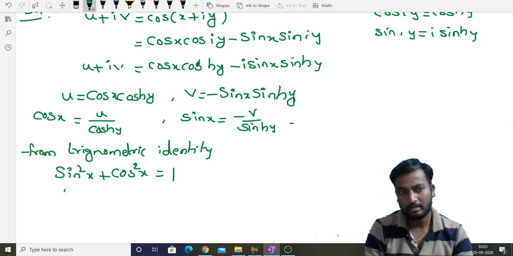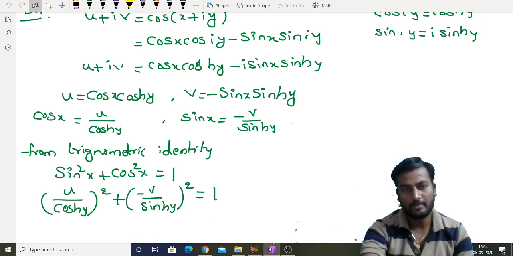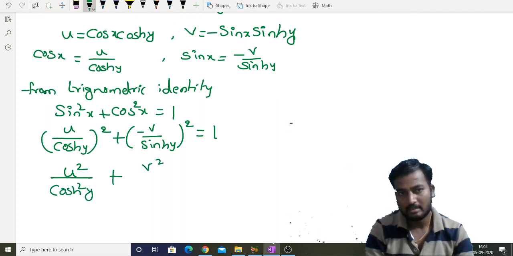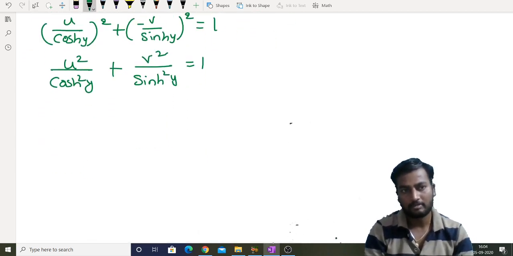Now substitute: u by cosh y whole square plus minus v by sinh y whole square is equal to 1. Now we simplify. That means u square by cosh square y plus v square by sinh square y equal to 1, since the whole square of minus v is positive.